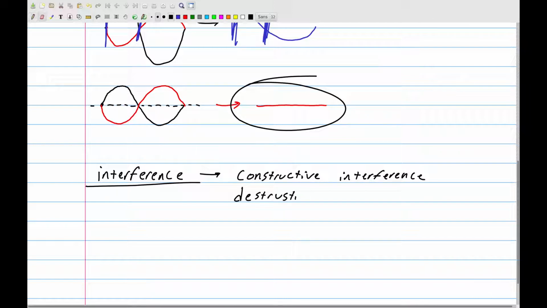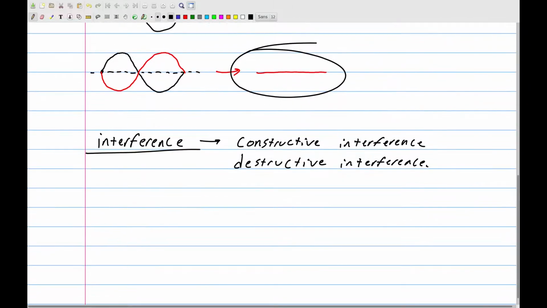Oh, if I could spell destructive. There we go. Destructive interference. Okay, so we have constructive and destructive interference. This is obviously when it gets bigger, and destructive obviously means when it gets smaller. And if it's perfectly destructive, you end up with this flat line right here where it's completely gone.